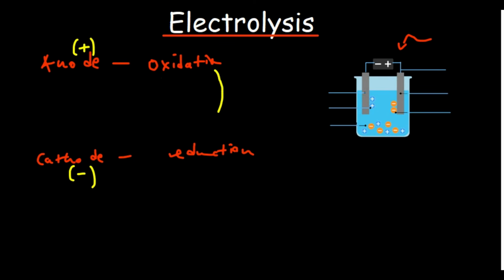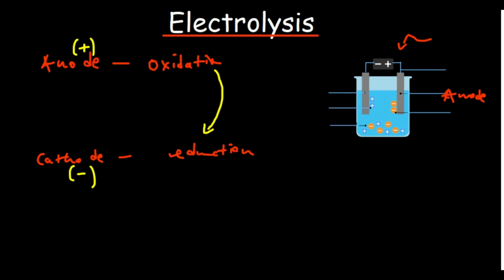So we expect that in this case we'll have electrons moving from the anode to the cathode. If we look at the diagram on our right here, the part connected to the positive terminal is this side. So this electrode is going to be called the anode, because the anode is connected to the positive terminal.